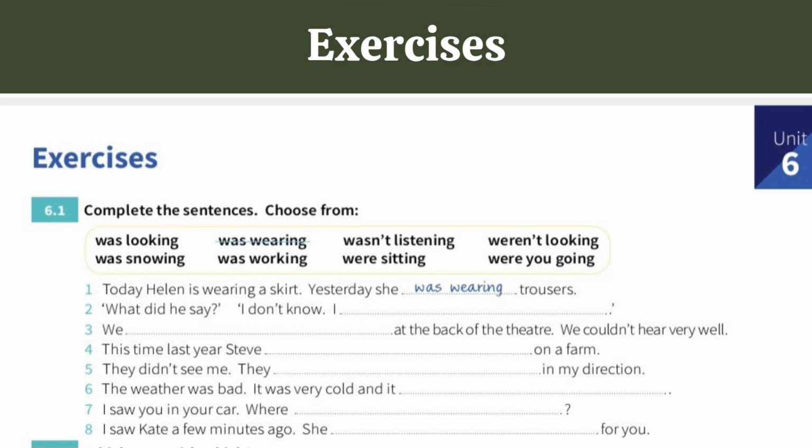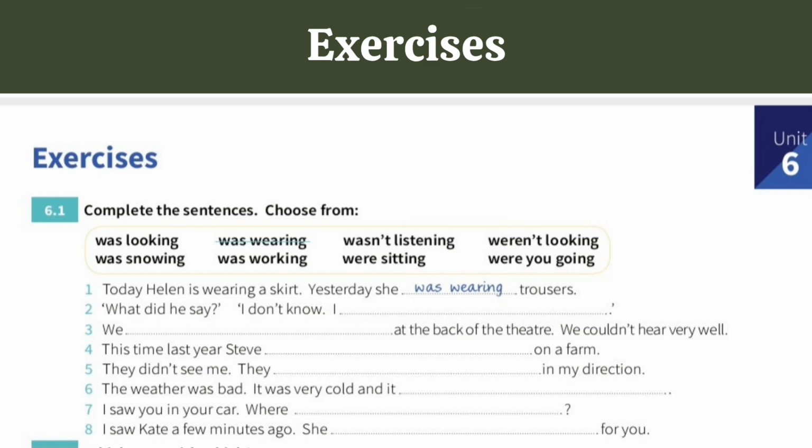And now, after you listen to my explanation about past continuous, how to make past continuous, how to make negative past continuous, how to make a question, now I will show you the exercise and I will explain step by step how to answer the question.